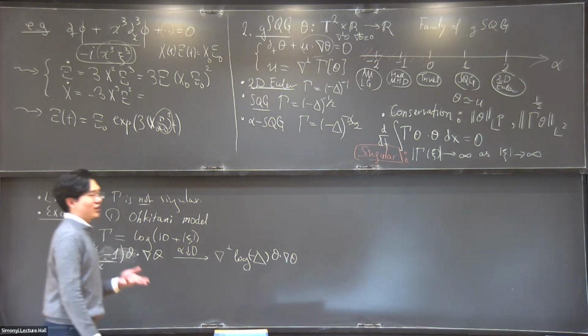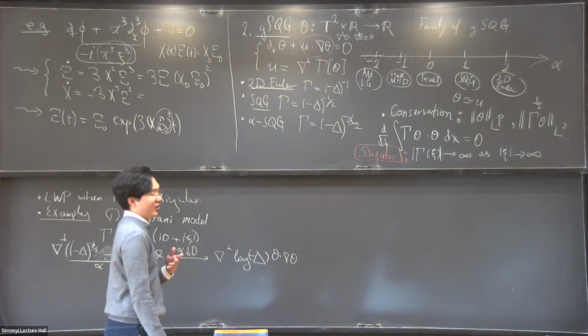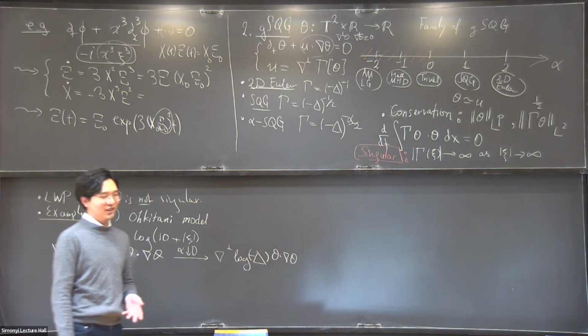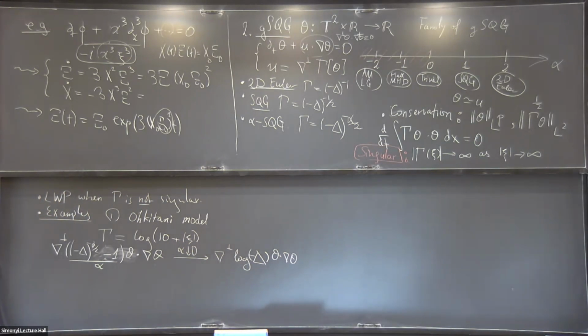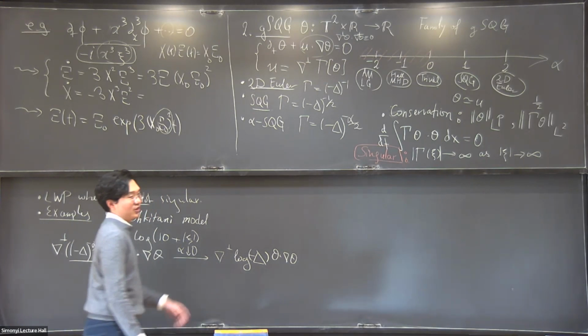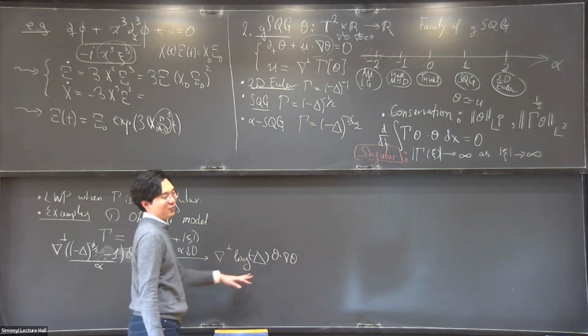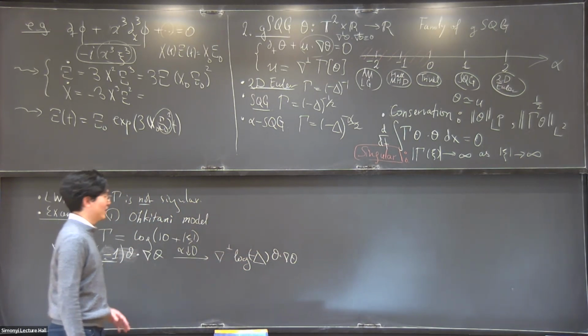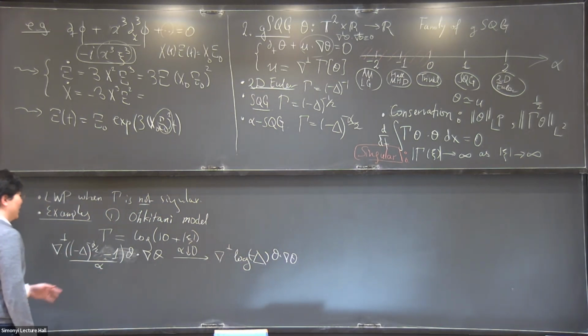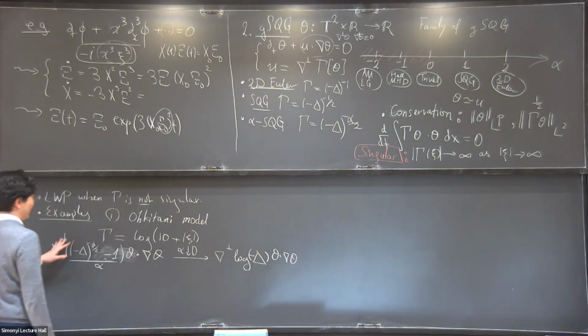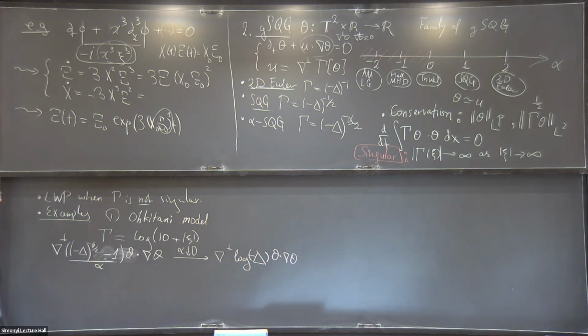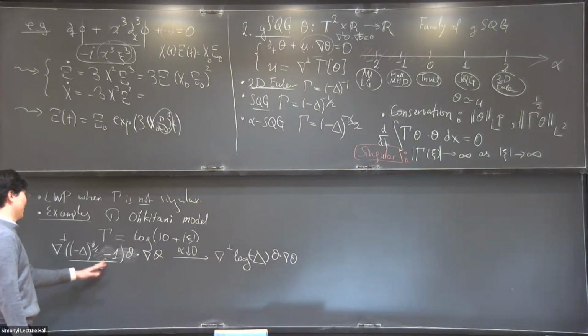So his goal was actually to try to observe some singularity formation in the alpha SQG equations. Instead, he was observing global regularity, and then he kind of explained it in terms of this convergence. Of course, he didn't care about whether this equation, the Okitani model, is well-posed or not. But if this is well-posed, then this gives some indication that the alpha SQG equations are also globally well-posed because you have this time stretching factor alpha.